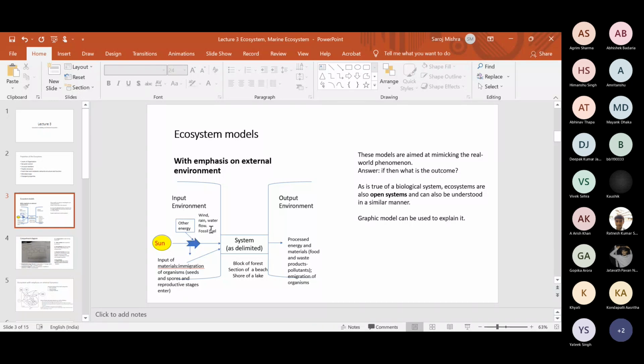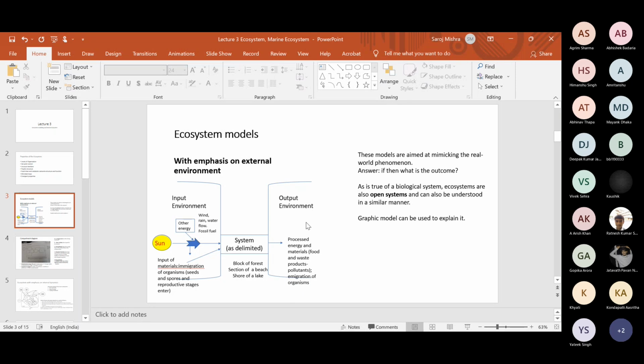Apart from the energy sources, there is also material which is entering. What is that material? The material could be immigration of organisms. For example, the seeds which are brought in by air, they could land up in this particular ecosystem, or you could have spores or reproductive stages of different microorganisms or different kinds of animals entering into this system. So both material as well as energy is constantly entering into the ecosystem.